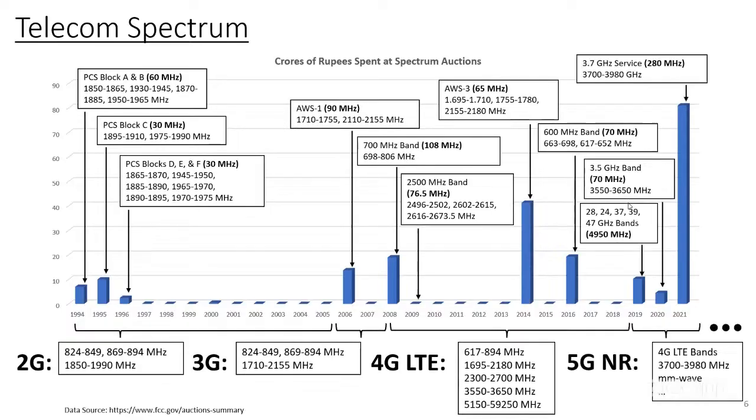So how are all these things possible? What frequencies are we using for 2G, 3G, 4G, and 5G? There are different frequency bands involved in these technologies. 2G uses frequencies from 824 megahertz to 894 megahertz and 1850 to 1990 megahertz. 3G uses a different set at higher frequencies. 4G uses the majority of those frequencies plus some additional ones. 5G uses all of the 4G LTE frequencies and some more additional frequency bands.